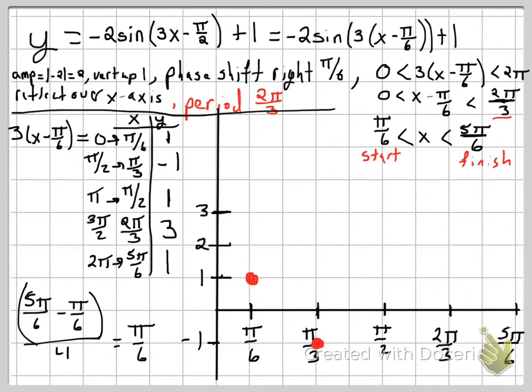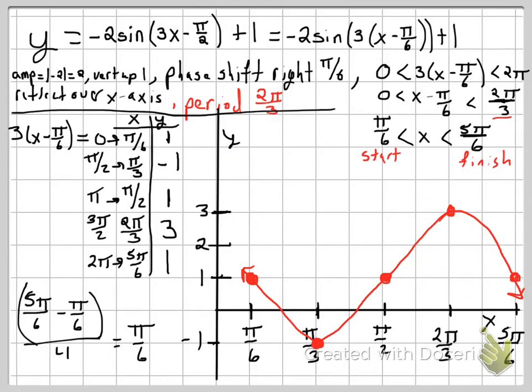So that's going to be the range, -1 to 3. Okay, and we'll plot our points, concave up, concave down. And then that graph is going to continue doing its thing. Label your x and your y axis.